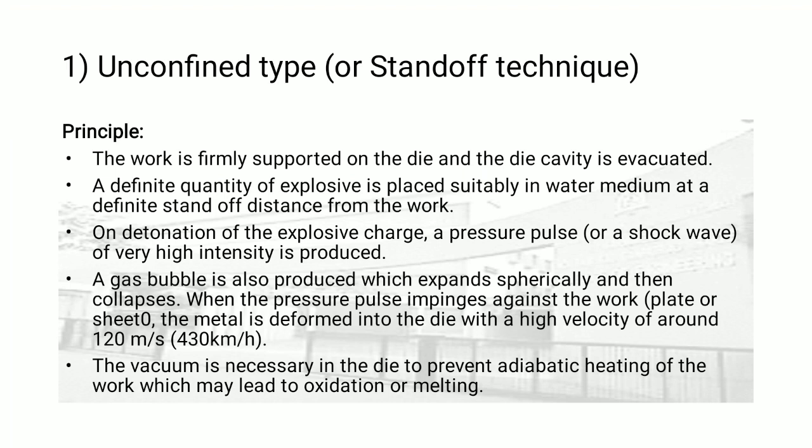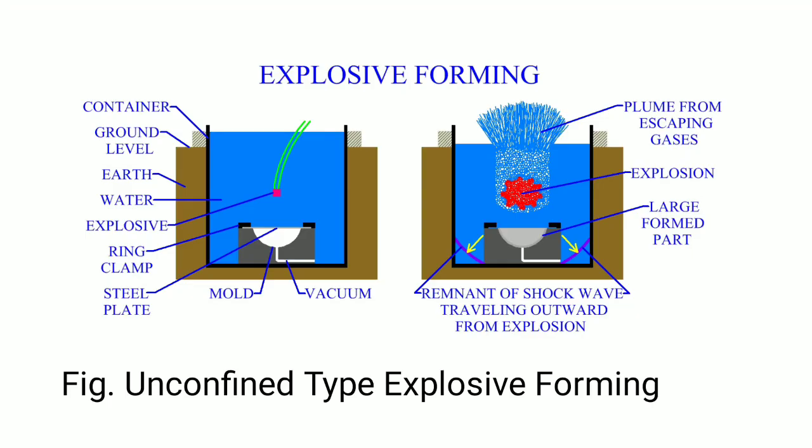When the pressure pulses impinge against the workpiece, plate or sheet, the metal is deformed into the die with a high velocity of around 120 meters per second. The vacuum is necessary in the die to prevent adiabatic heating of the work, which may lead to oxidation or melting. So this is the figure showing the explosive forming process.